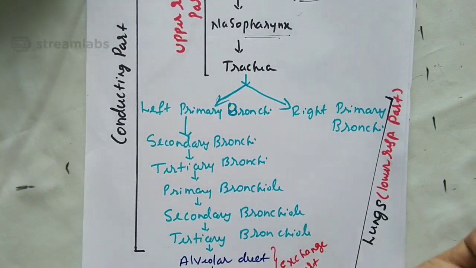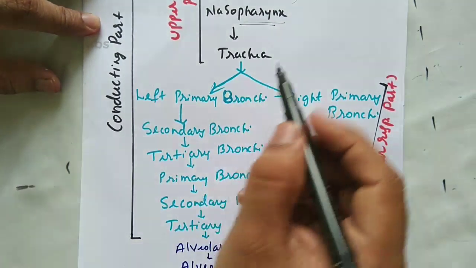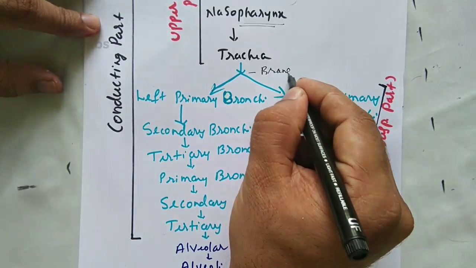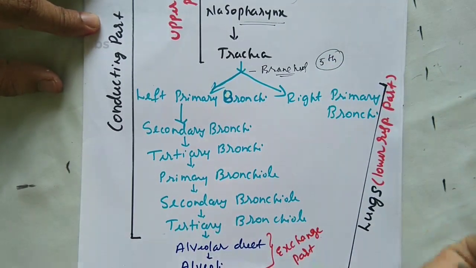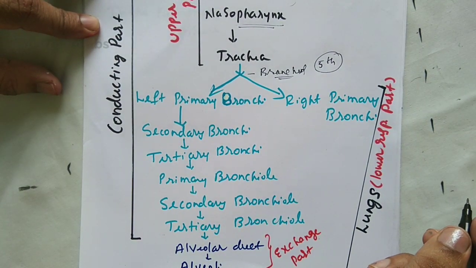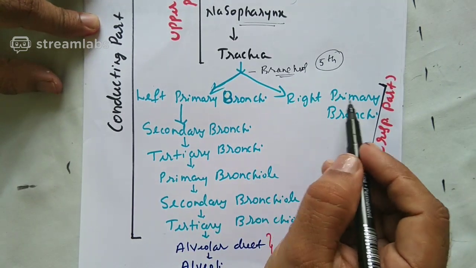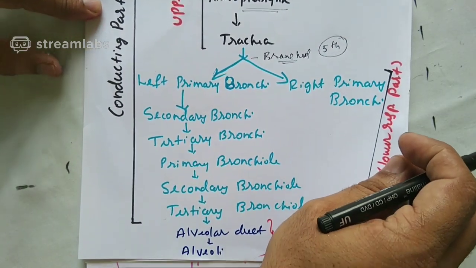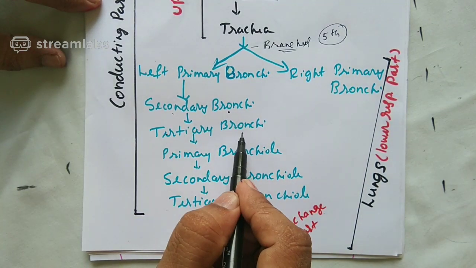Coming down here, trachea gets branched, right? Trachea gets branched at where? At the 5th thoracic vertebra, trachea gets branched into left primary bronchi and right primary bronchi. The bronchi will become secondary bronchi, tertiary bronchi.